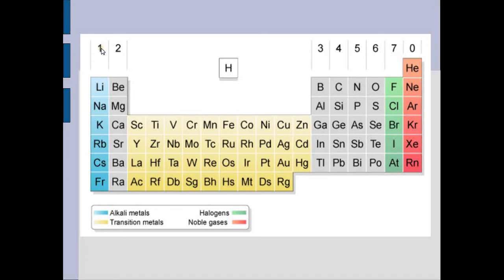So somehow they might share an electron, or one donates to the other partner to form exact bonds. I'll go over those details later. So this is the periodic table proposed by Dmitri Mendeleev.